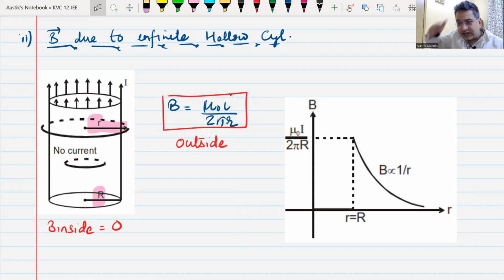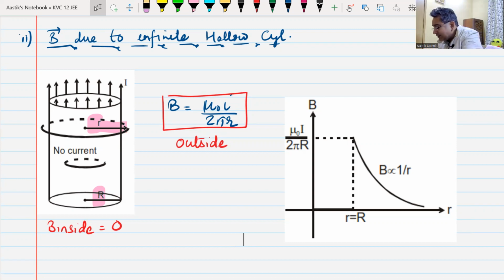Inside it is 0 and outside it is going down. Here it is inversely proportional to r, while there it was inversely proportional to r square. Similar things. This is also the same graph as the graph of electric field due to an infinite hollow cylinder. Similar thing will come there.